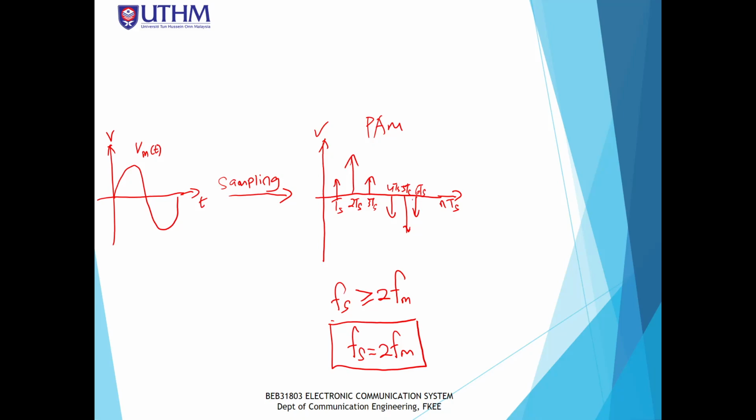So sampling involves multiplication of at least two signals in the time domain. Remember, the more we sample, the more samples we get, and the better the output will be, because with many samples we can produce a more accurate output.